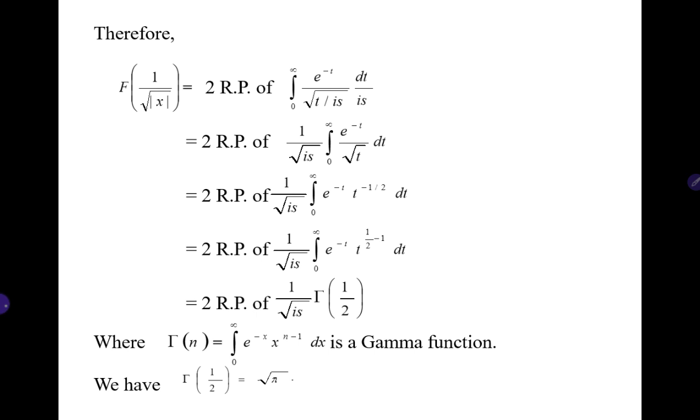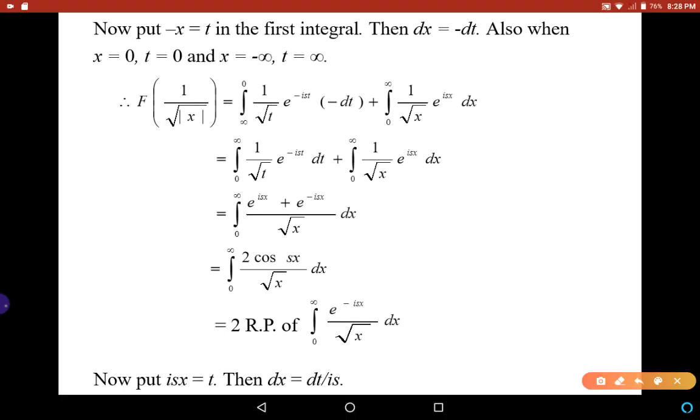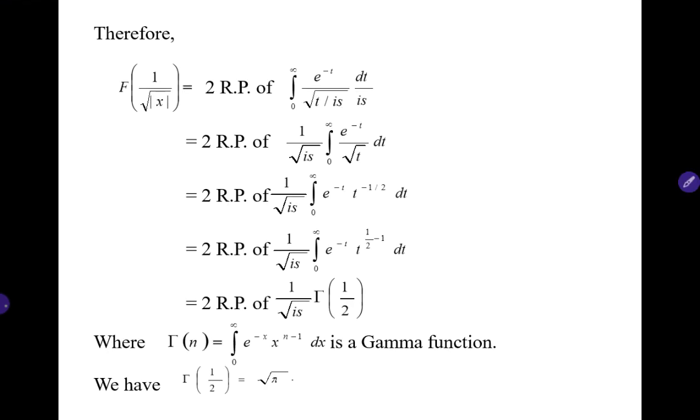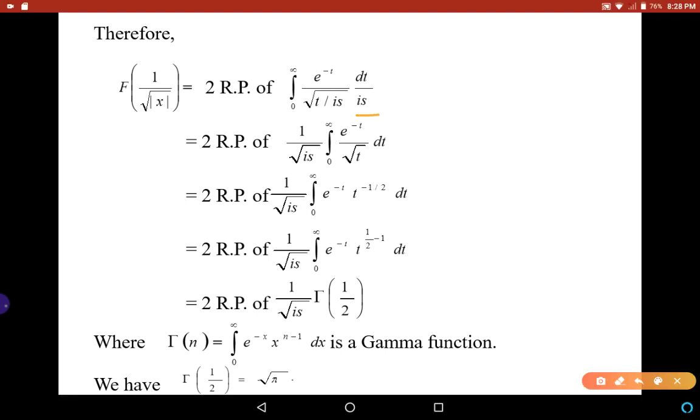We have square root of x there, so in place of square root of x, we write square root of t by is. And in place of dx, we write dt by is.